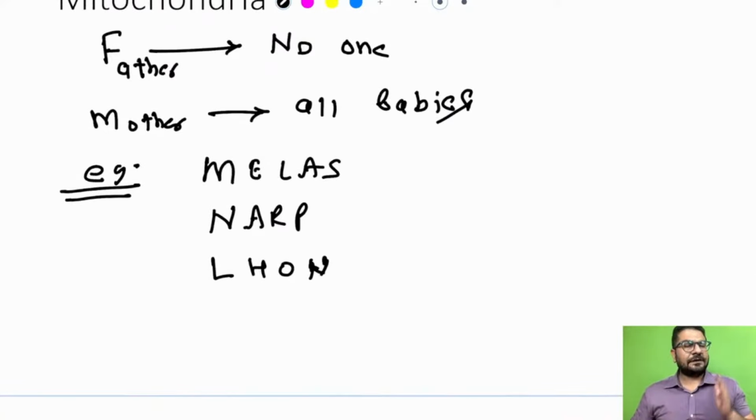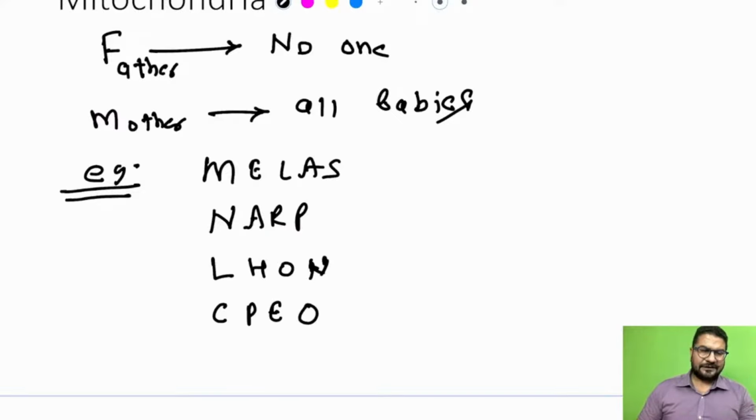NARP is neuropathy, ataxia, retinitis pigmentosa. LHON is Leber hereditary optic neuropathy. Then we have CPEO, chronic progressive external ophthalmoplegia. So these are the examples.